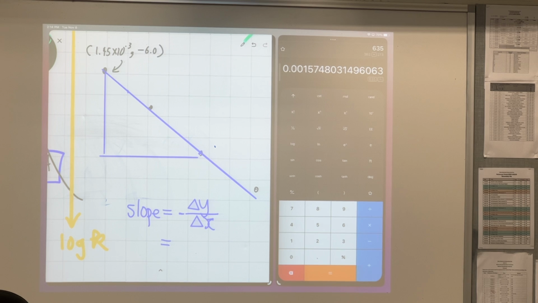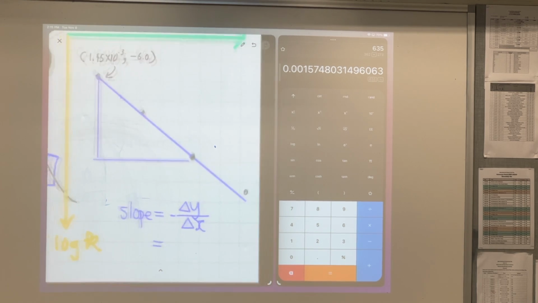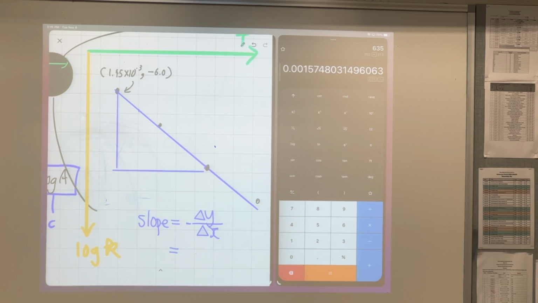You can put down these coordinates first, right on the graph. The second coordinate we will be using is this one. So for example, this is 1.45 times 10 to the power negative 3, and the y value is negative 7.3. So can anyone tell me what is the rise value? What is the rise value here?